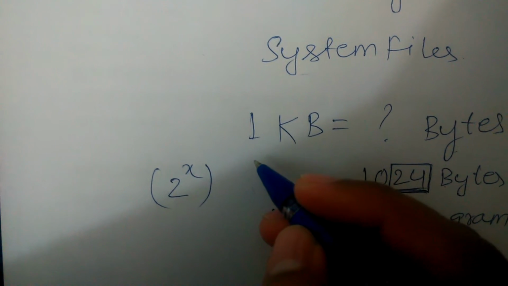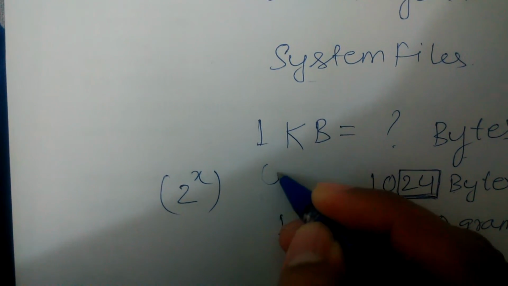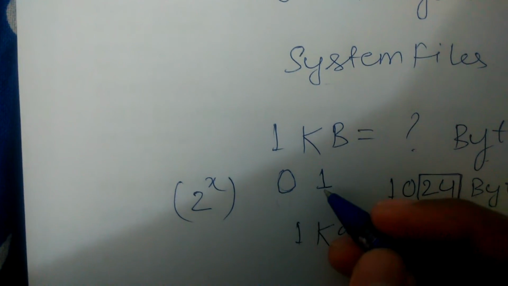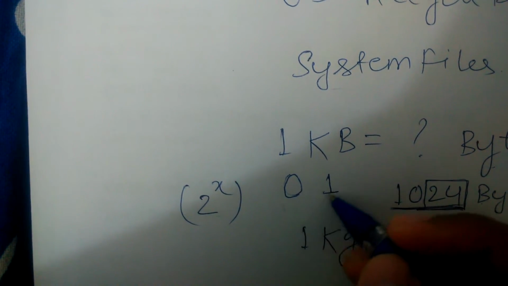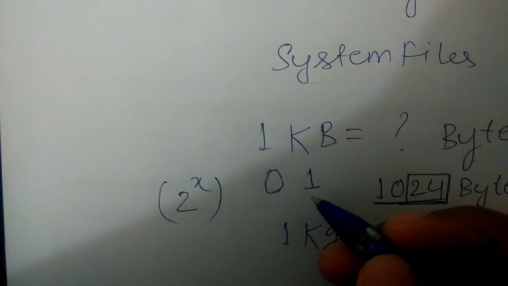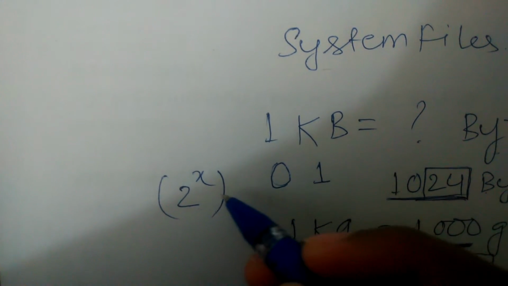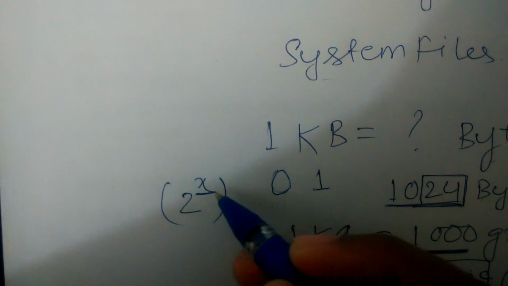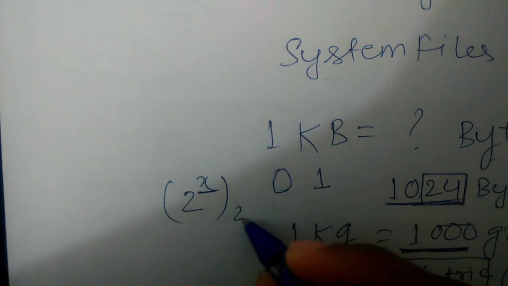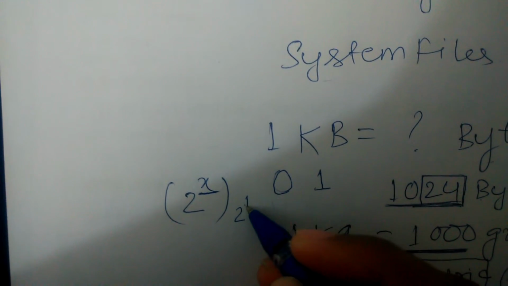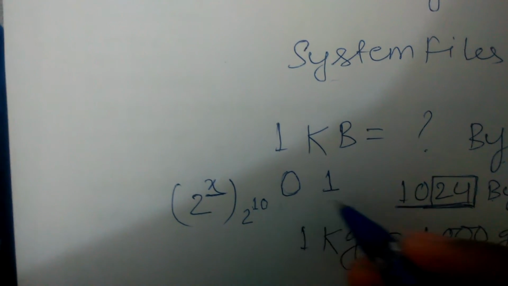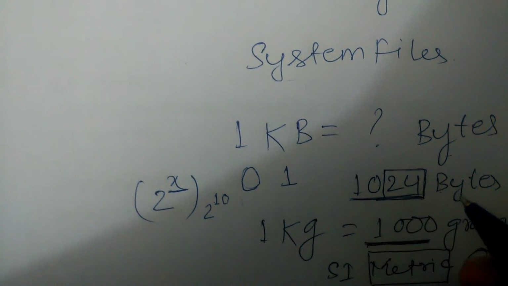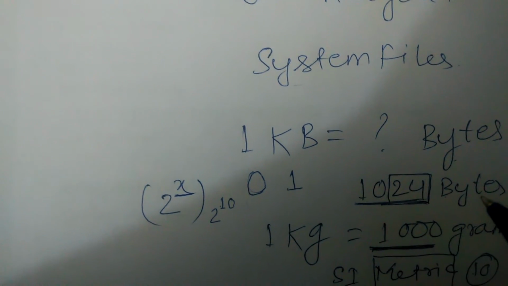So if we do a permutation or combination with only 2 options, 0 and 1, we get 2 to the power of x, where x can be whatever you want. In that case, 2 to the power of 10 gives us 1024 bytes. And that's how 1 kilobyte equals 1024 bytes.